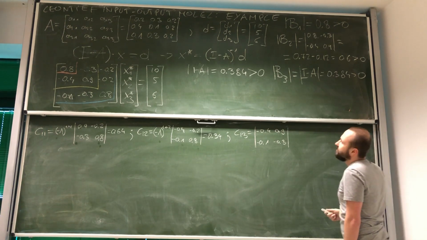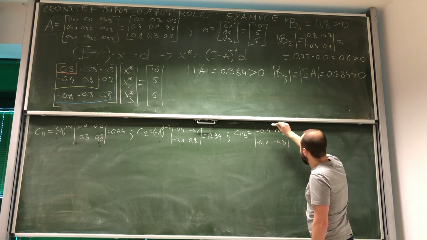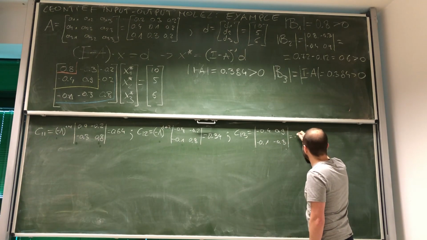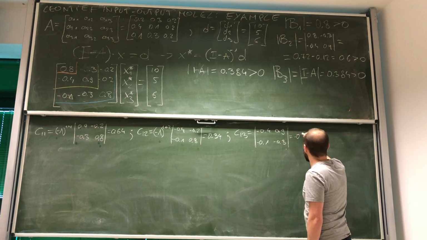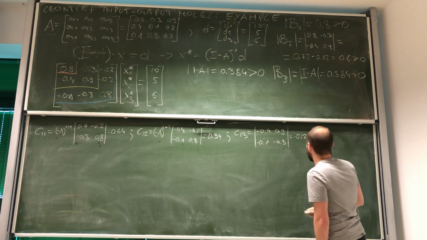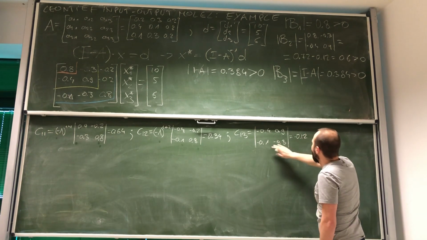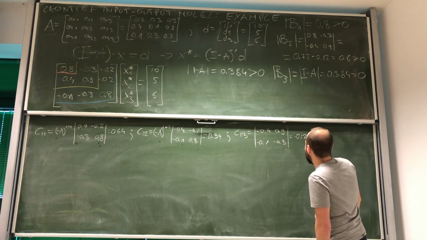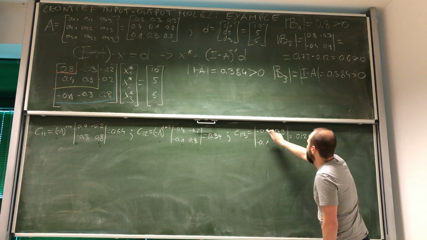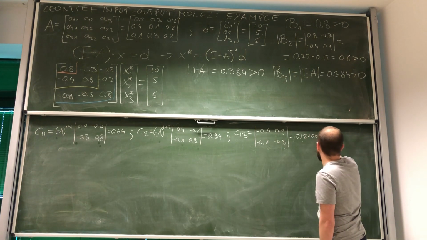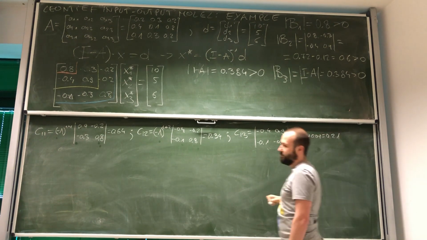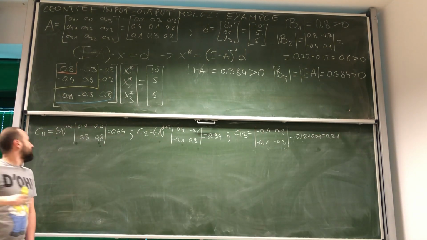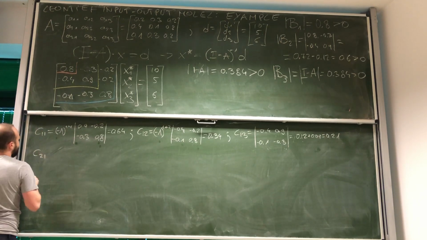Okay, and out of this one we get that this is 0.12 plus 0.09. I'm going to write this because at some moment I'm going to start making mistakes. Yeah, it's 0.21.